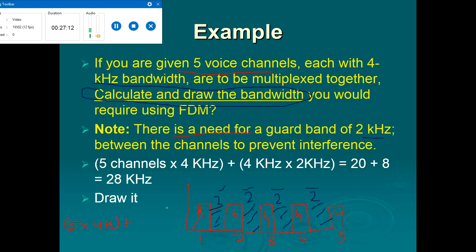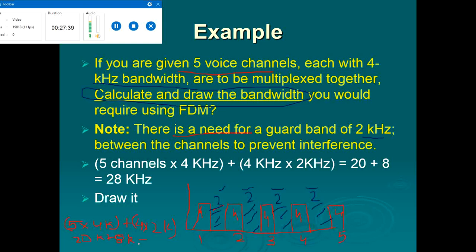Plus number of guard bands. We have 4 guard bands, and the frequency of each guard band is 2 kilohertz. So 2K. When I calculate, 5 into 4 is 20 kilohertz, and 4 into 2 is 8 kilohertz.